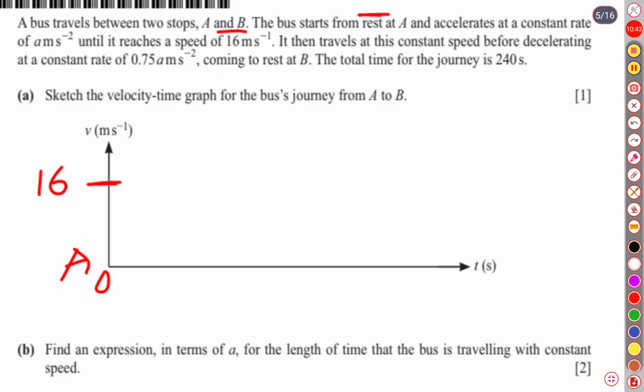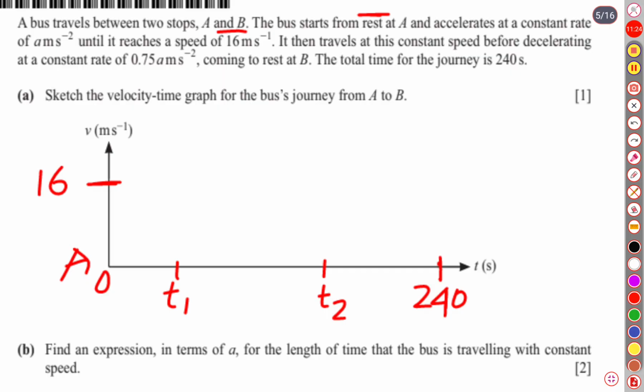Well, so if we start drawing, suppose here T1, that means it reached the maximum speed at this time, and it may be T2. Then at the instant of 240 seconds, the bus came to rest again after decelerating at a constant rate.